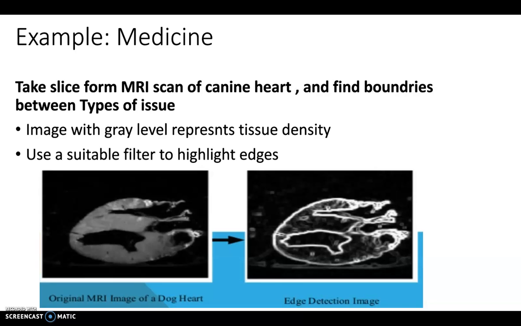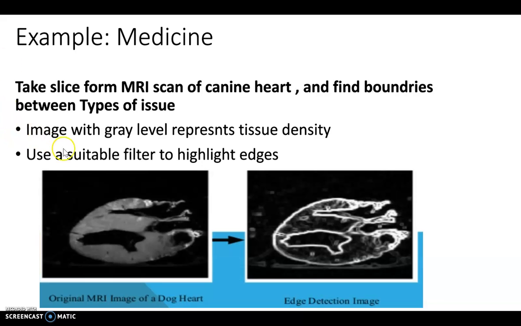First of all, the image with a gray level represents tissue density. A suitable filter is used to highlight the edges. These implementations are done through a MATLAB code in which a suitable filter is used to highlight the edges and to show the boundaries which represent the tissue density.